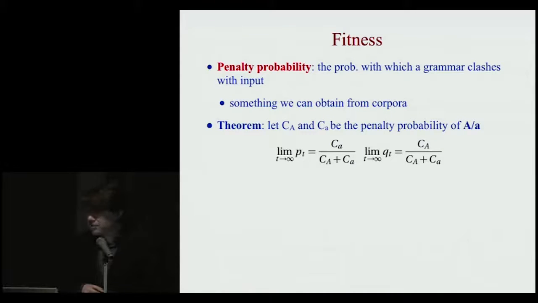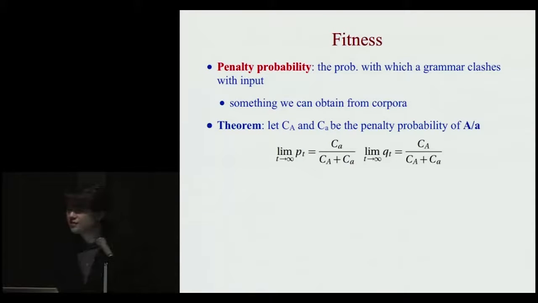And this holds. If you let the learner run for a while, this is true. Okay, I won't dwell on the mathematics here. So after you let your running go for a while, the learner converges on a stable combination of two grammars. And the two grammars, the weights are exactly specified by how likely a grammar is penalized in the environment.